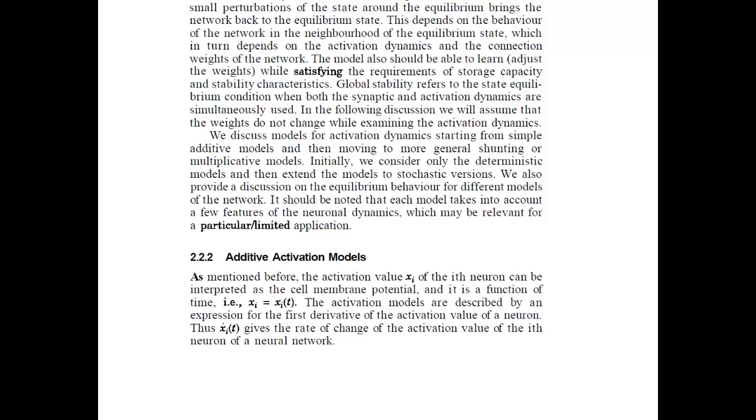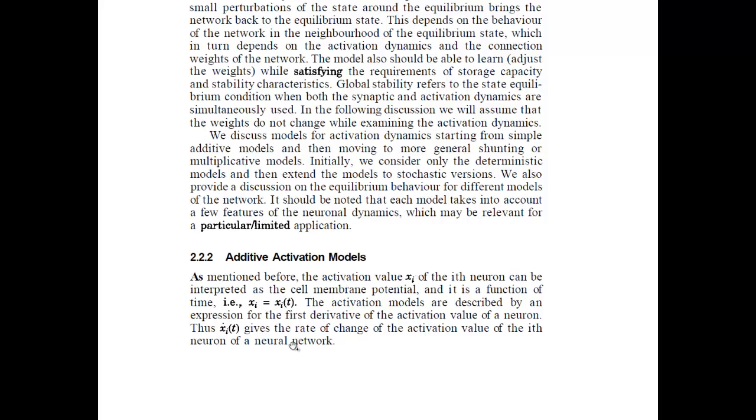I am moving quickly on this topic because it is already explained and understood, so you can go through the literature and get more refined. The more important focus in this lecture is the three models, that are the additive model, shunting model and stochastic models of the activation function, that are called the activation models.